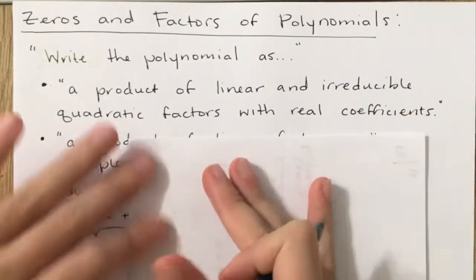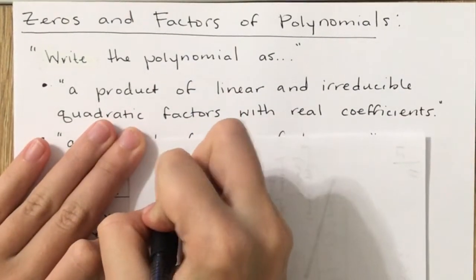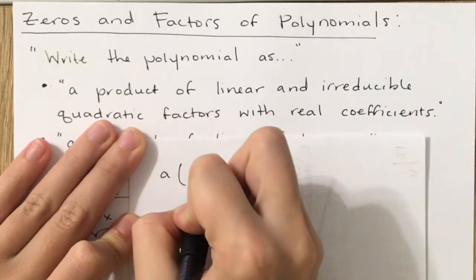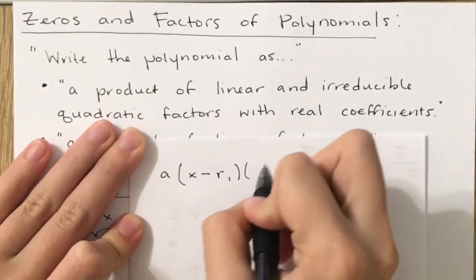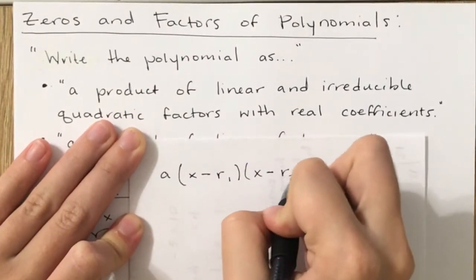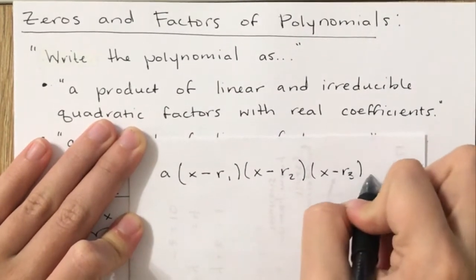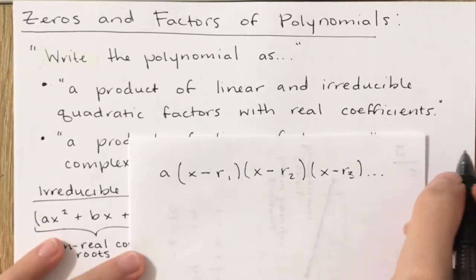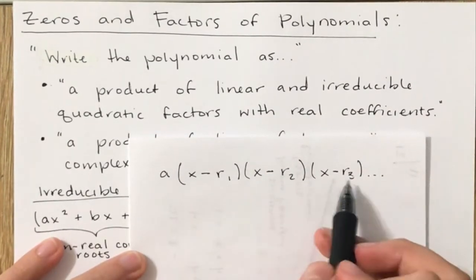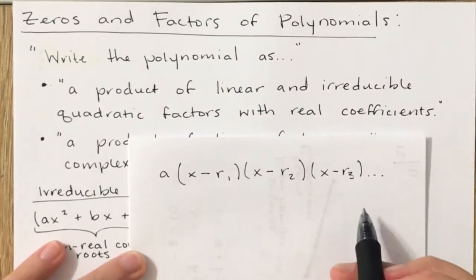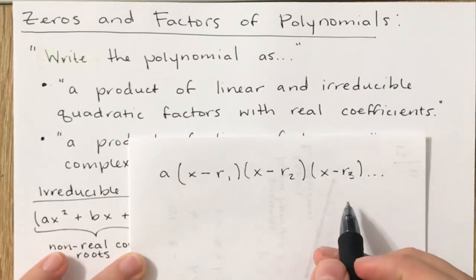We can always write a polynomial as its leading coefficient, and then x minus root, x minus root, x minus root, etc. But sometimes these roots are real, and sometimes these roots are non-real complex numbers.